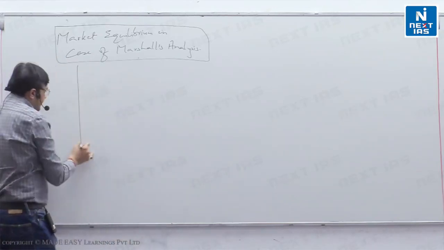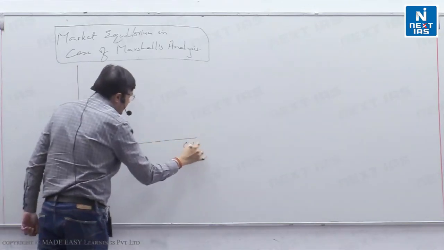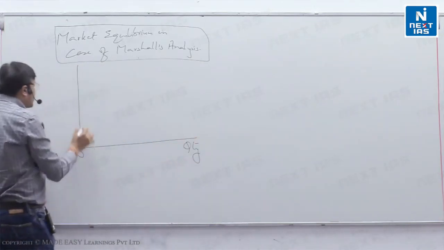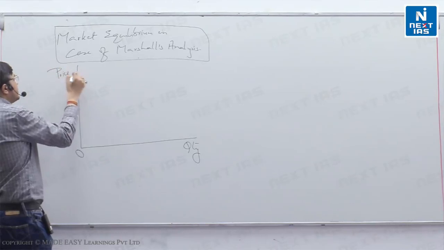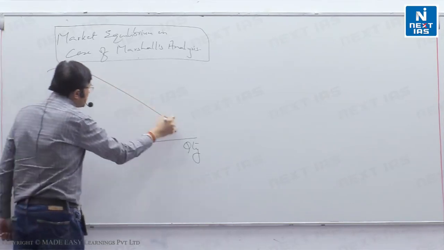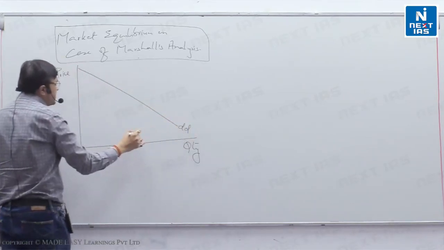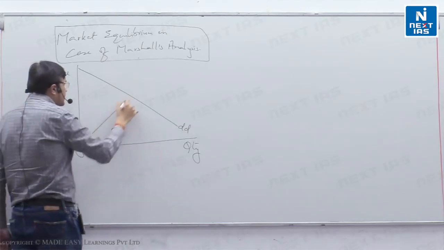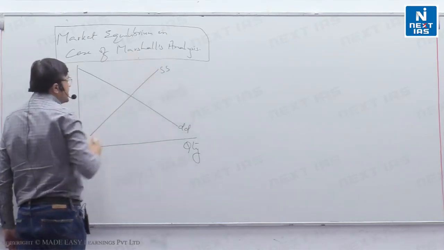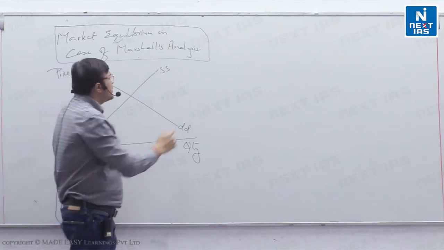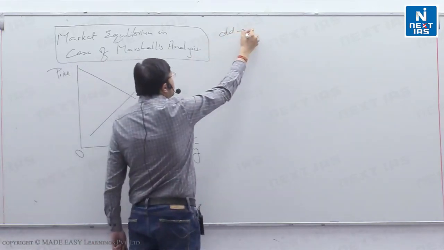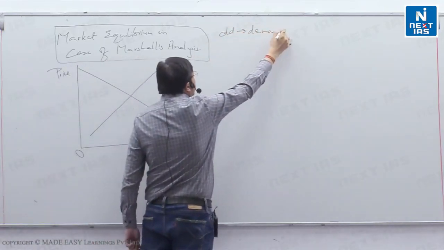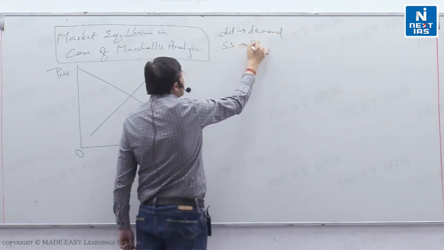Now see, if we take quantity and we take price, and by DD I mean the demand curve and with SS I mean the supply curve. Alright, whenever you see me writing DD, I mean demand. And whenever you see me writing SS, I mean supply.